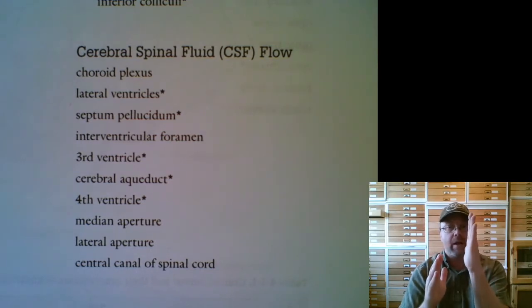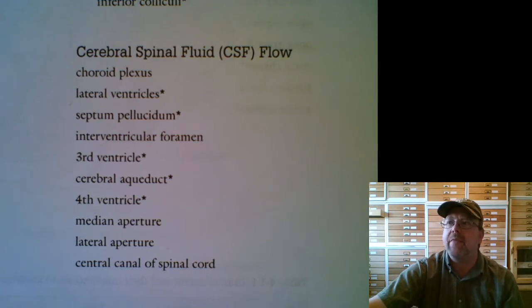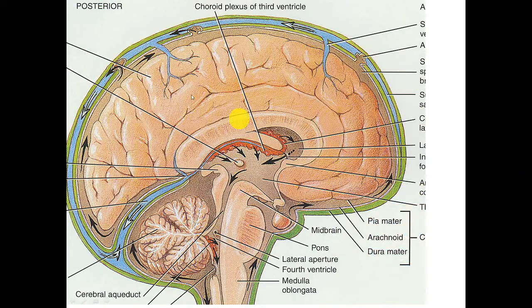So if you have a left lateral ventricle and a right lateral ventricle, right down the center is that septum pellucidum. And that is what is being demonstrated right here. This is the septum pellucidum. It's between the fornix and the corpus callosum.